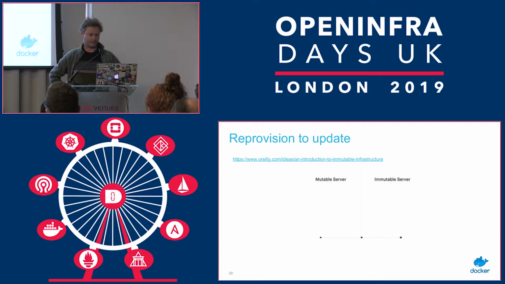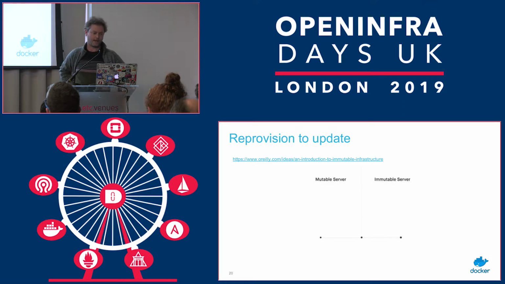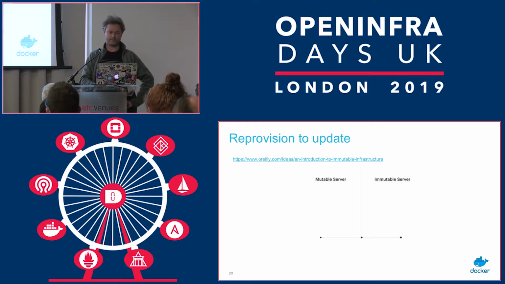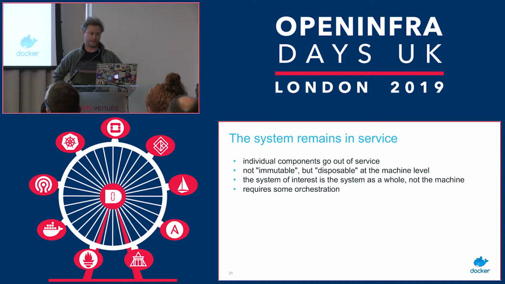So the idea with a mutable server is you take services down and redeploy them locally, and you try and minimize the downtime there. But the whole immutable idea is you bring up another machine and then throw away the old one when the new one has come up, reprovisioning and that kind of model. So components go out of service, but components are each individually disposable, not really immutable per se.